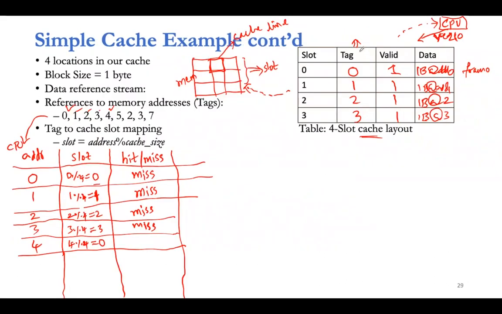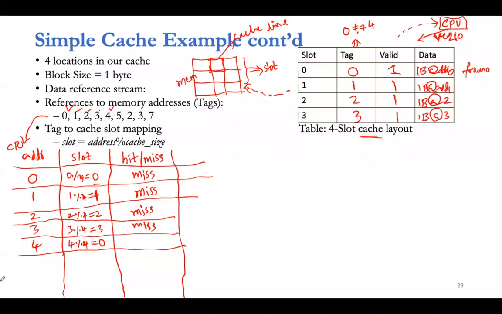So in this case, the stored tag is 0. Is it equal to the incoming tag? The incoming tag is 4. It is not equal. When the stored tag and incoming tag are not equal, that means though the valid bit is 1, the data is not the requested data.